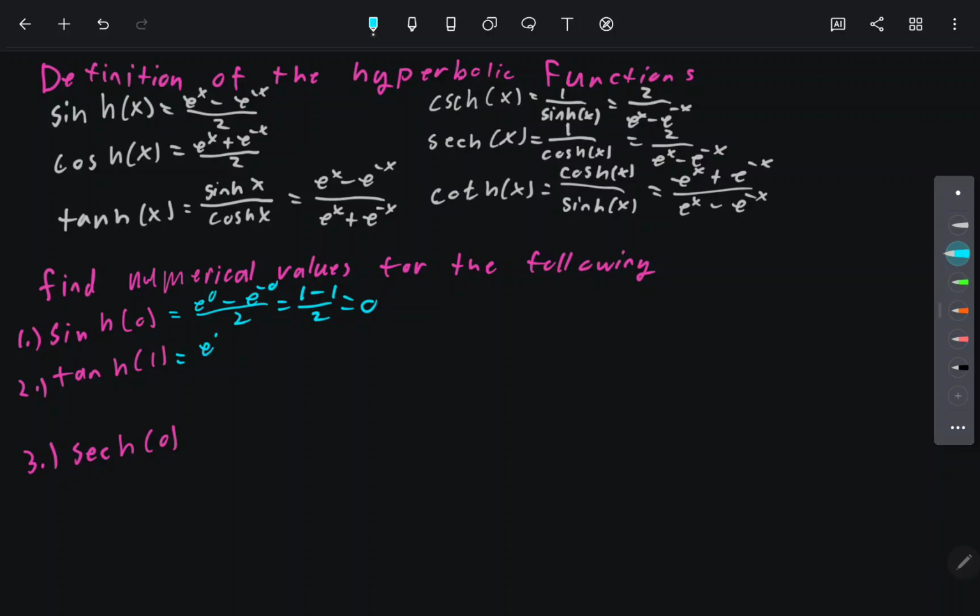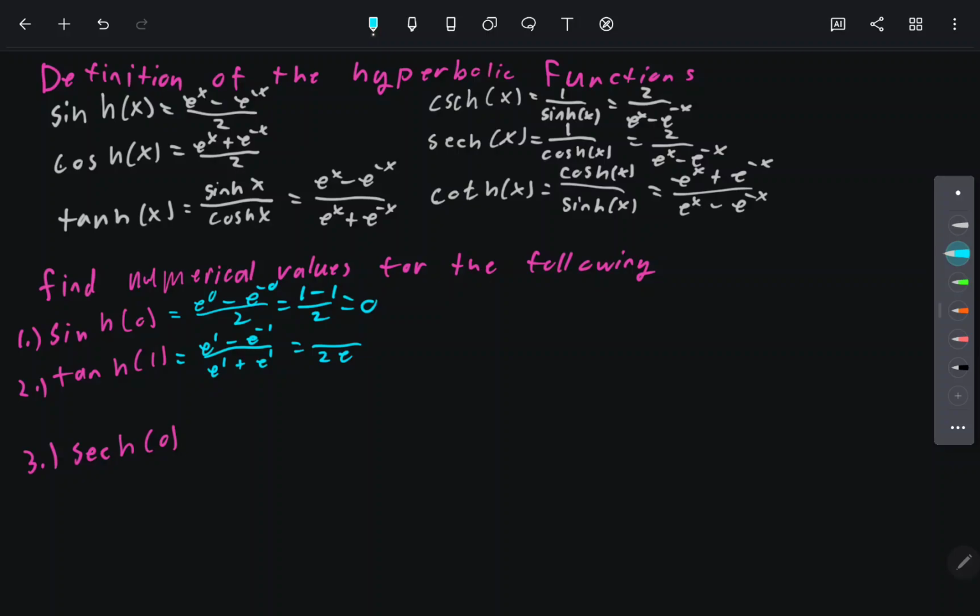So we get e to the 1 minus e to the negative 1 all over e to the 1 plus e to the negative 1.